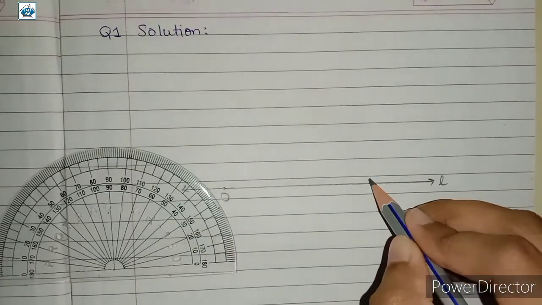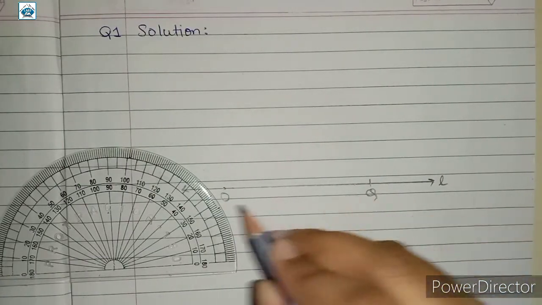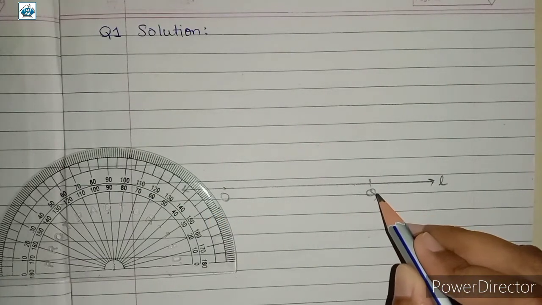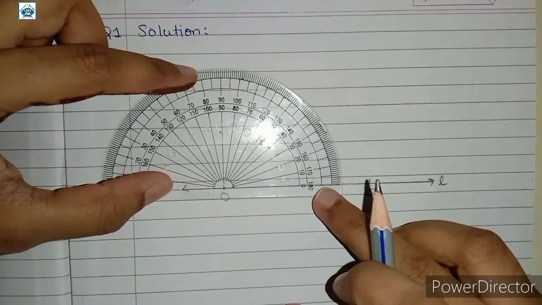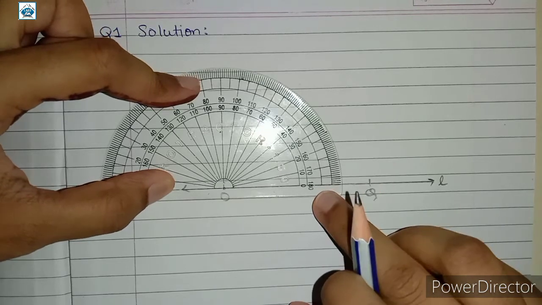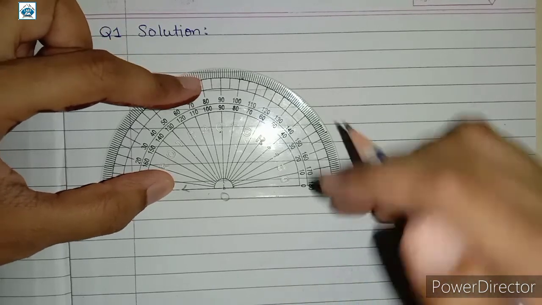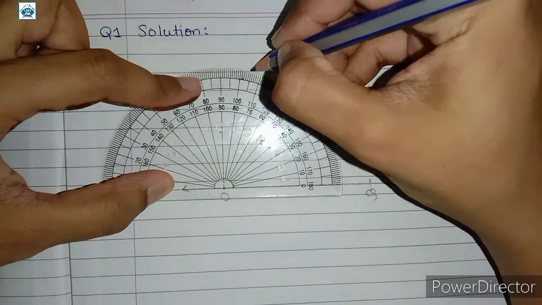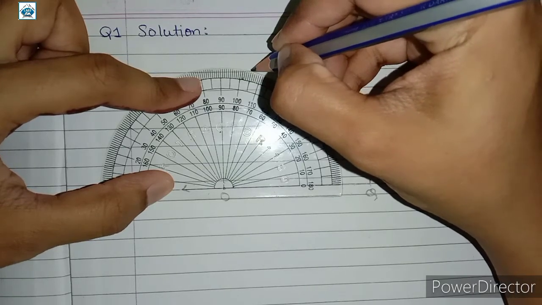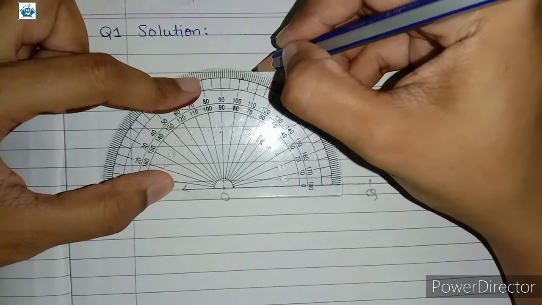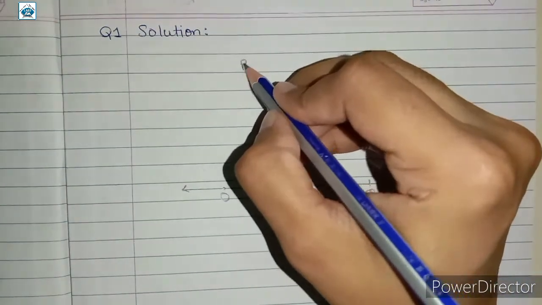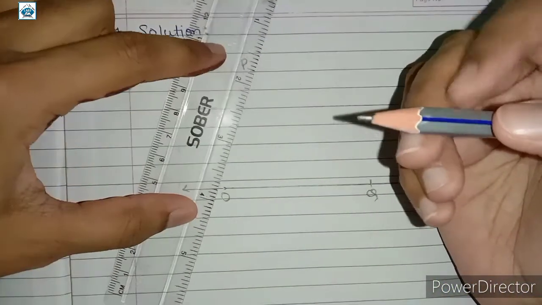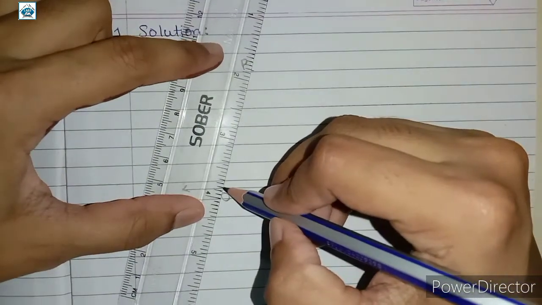So here let us take a ray OQ and here I will be constructing an angle of 75 degrees. So here I have the point. This will be 75 degree. Let us name this point P and let us join OP.